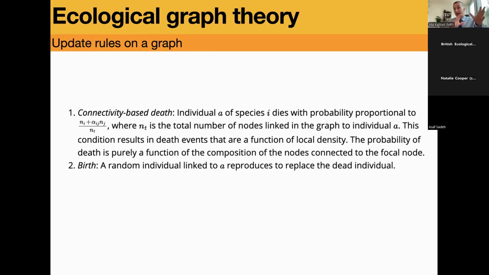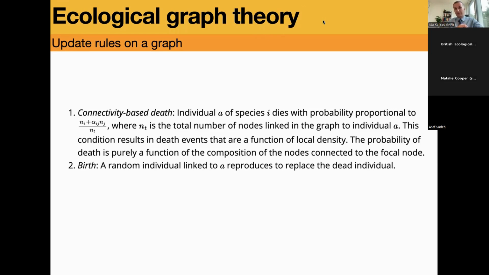This is a very simple one, and not the only possible way to think of an update algorithm in this context, but it is the easiest to mimic the intrinsic Lotka-Volterra algorithm itself. And here it is to have a connectivity-based death.